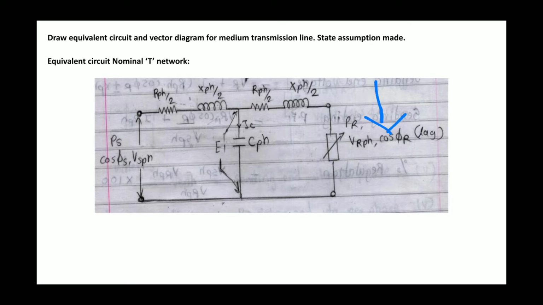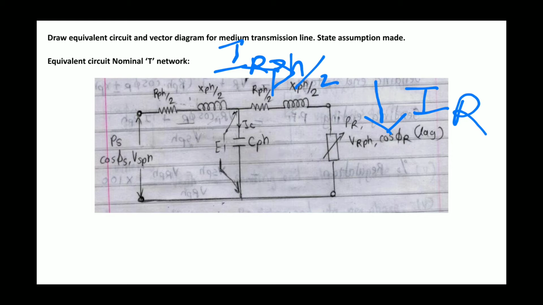This is IR, the receiving end current. The current flowing in the resistor is IRPH divided by 2. Then the current flowing in the inductor is IXPH divided by 2. So we consider the current flowing in this direction.